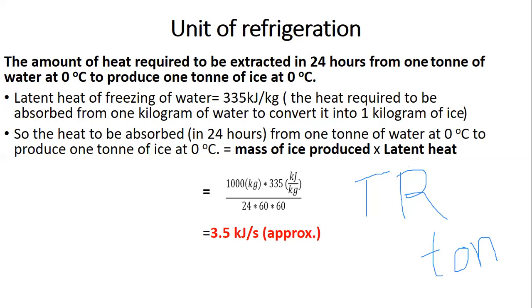In the early period where our ancestors lived, refrigeration was produced by keeping some amount of ice in a particular region, so that this ice would take away heat from that region and produce the necessary cooling effect or refrigeration. So they gave the unit of refrigeration in terms of ice production.